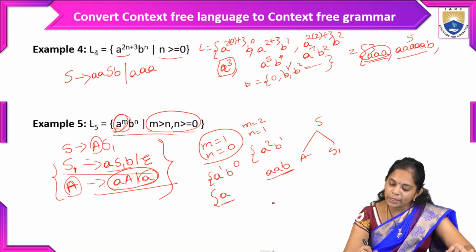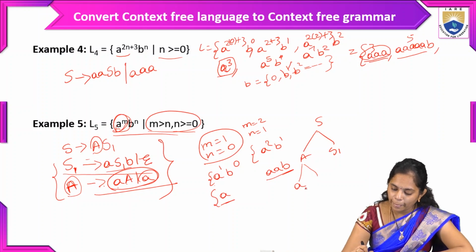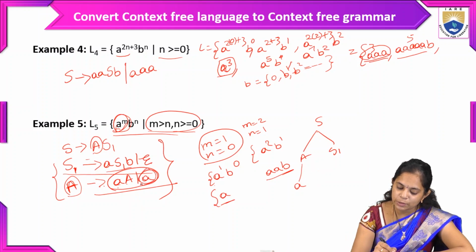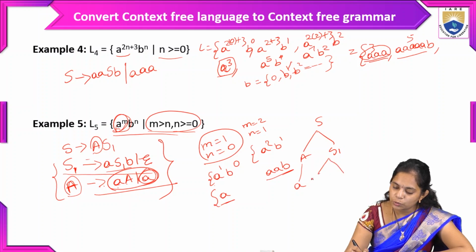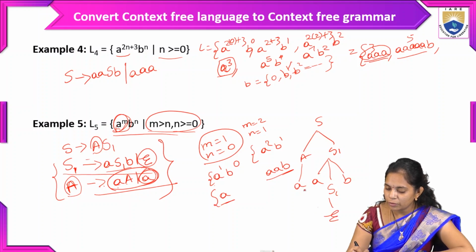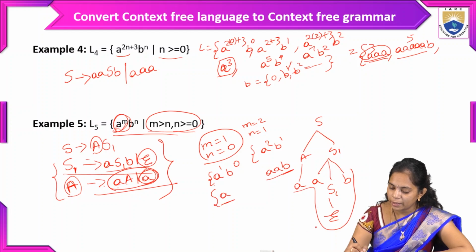Here we require double A. So A tends to A, and we'll take only this part, A, and S1 tends to A S1 B, and S1 tends to epsilon, so if you write epsilon, we will get the string AAB.